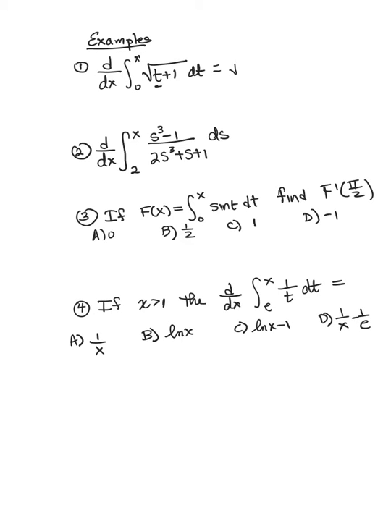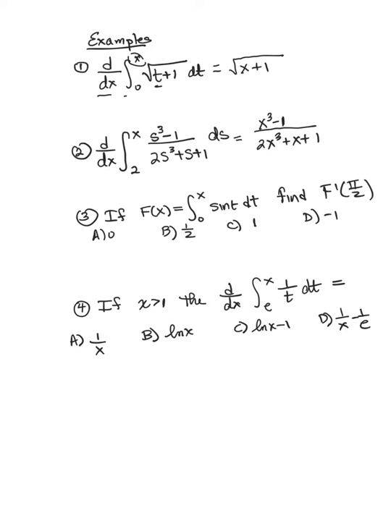So we rewrite the integrand with an x replaced for the t. That's all you do if we have a derivative of an integral with an upper limit of x. So the answer to the next one would be x cubed minus 1, all divided by 2x cubed plus x plus 1. That's how simple it is.